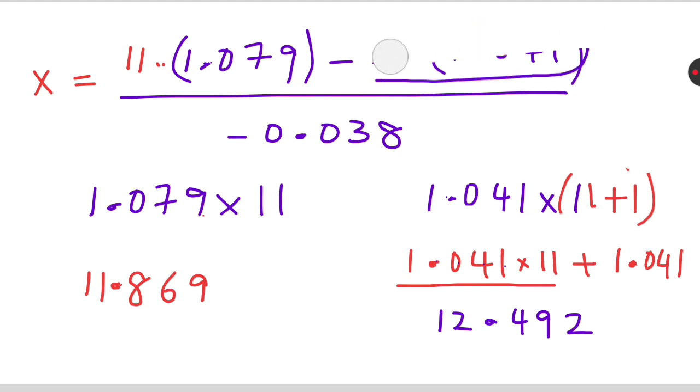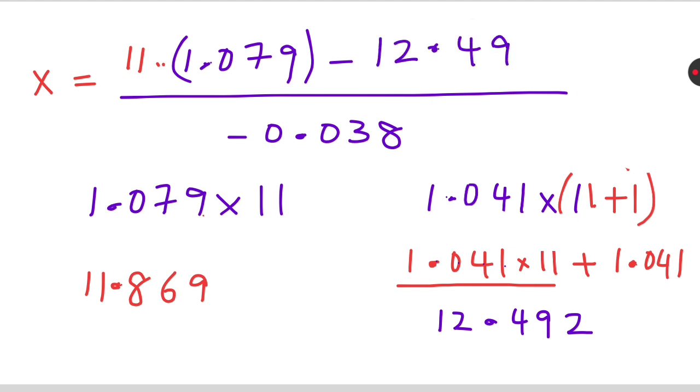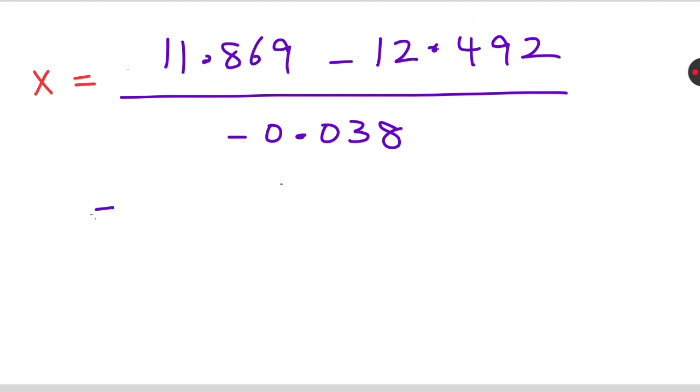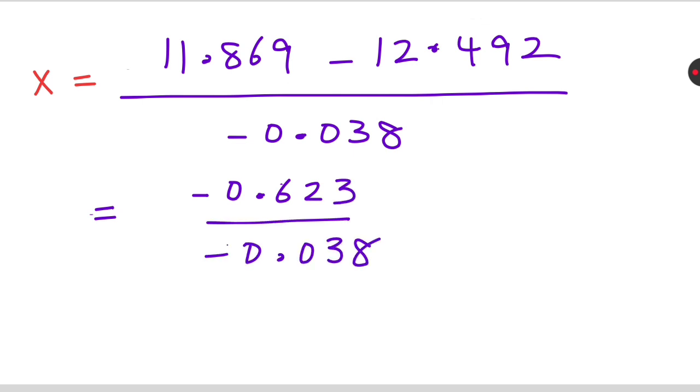So we write 12.492 here and 11.869 here. Now let's subtract these two numbers. 11.869 minus 12.492 gives minus 0.623, over minus 0.038. So the minus signs cancel.